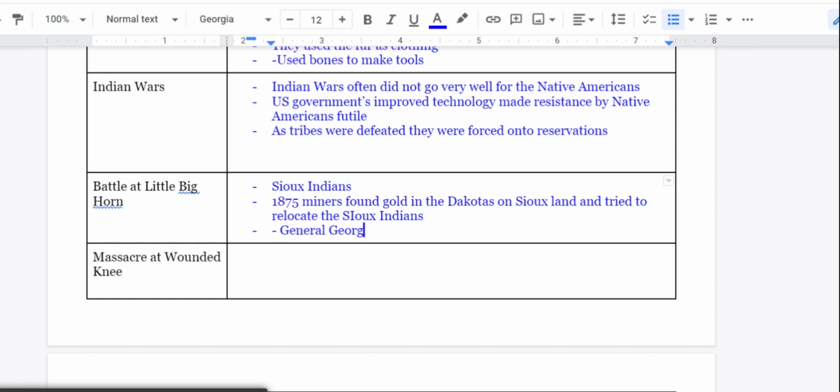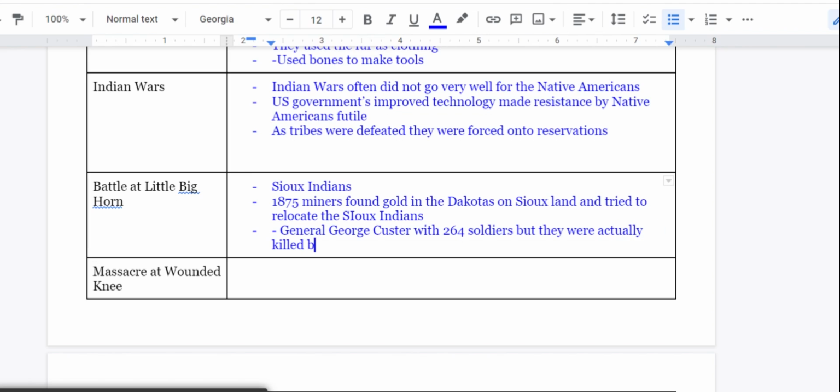General George Custer led the attack with 264 soldiers, but they were actually killed by Sioux. So this is one of the times that the federal government actually lost a major battle.